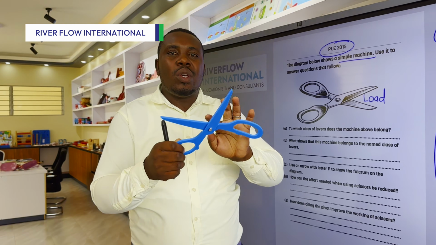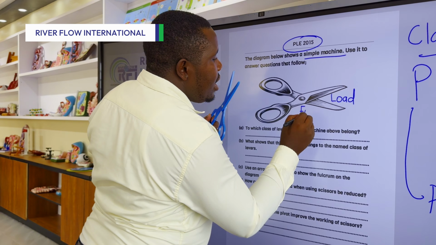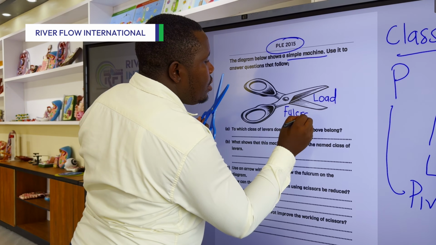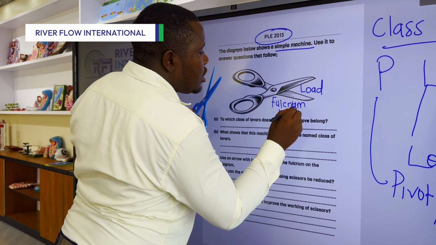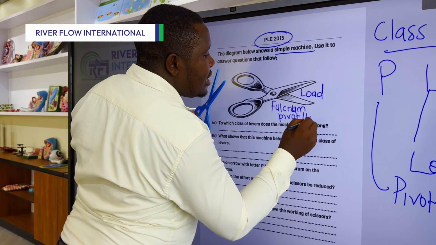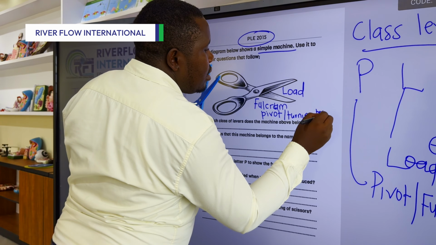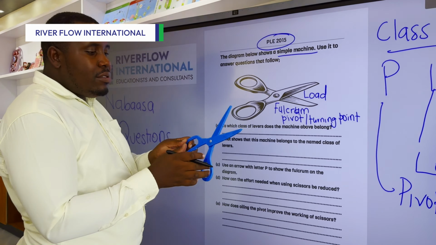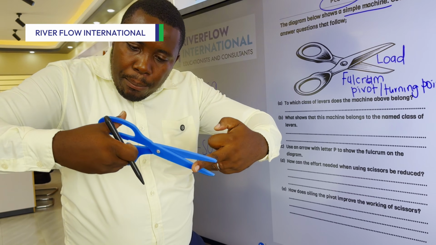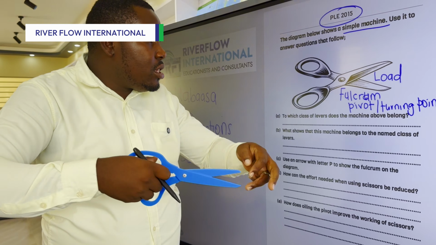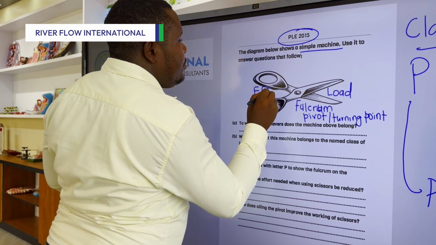You can see it is turning from here, and therefore this one becomes my fulcrum, which we can also call a pivot, a turning point. And then we have this side where I'm applying. If I'm trying to cut this finger, I apply effort here. And therefore, this one becomes my effort.